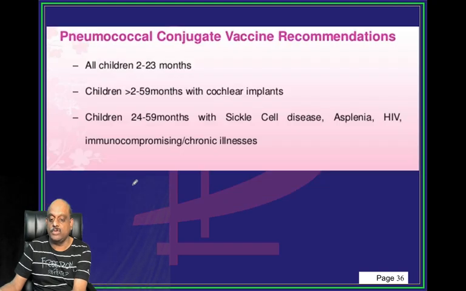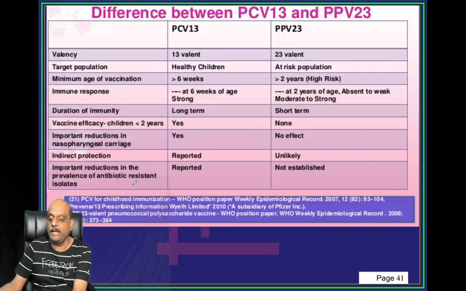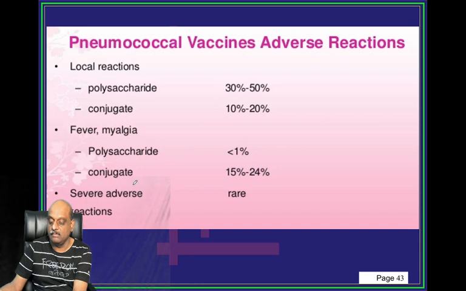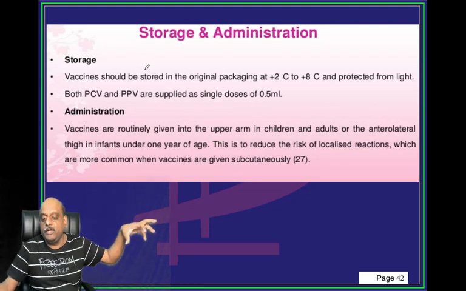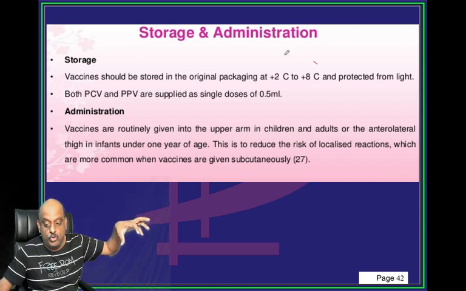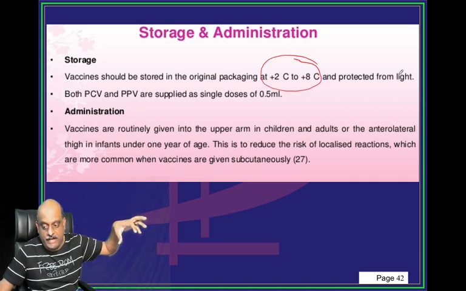Let's quickly go to the next important point. How do you store the pneumococcal vaccine? At 2 to 8 degrees Celsius, protected from light.